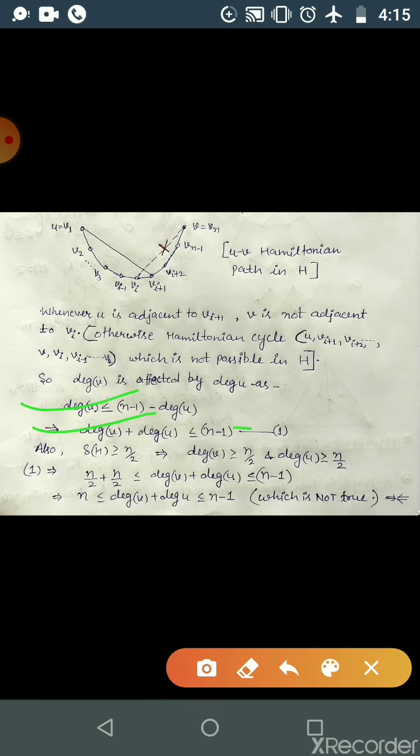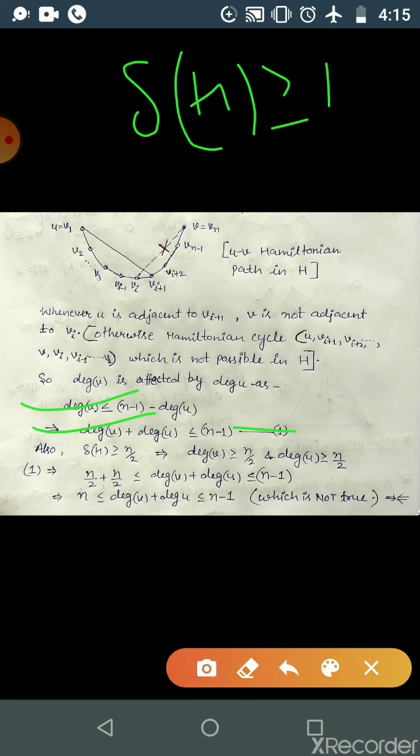Now we got this equation, and it is given that the minimum degree of H is at least n by 2. So the degree of v and the degree of u will each be greater than or equal to n by 2. So the degree of v plus the degree of u will be greater than or equal to n by 2 plus n by 2, that is n. And from equation 1 you have the upper bound n minus 1.